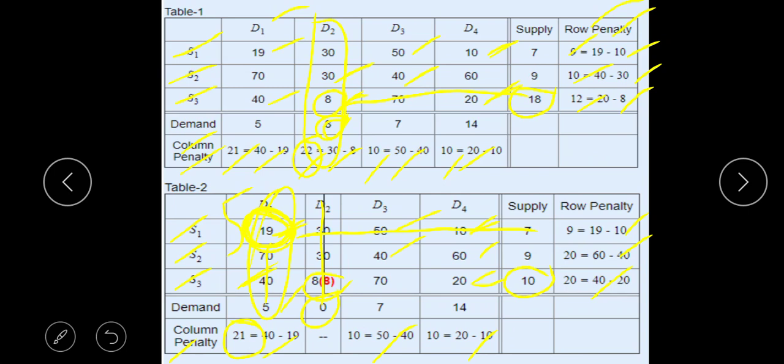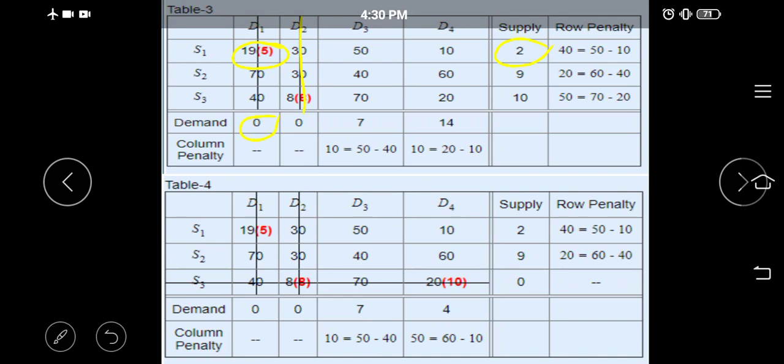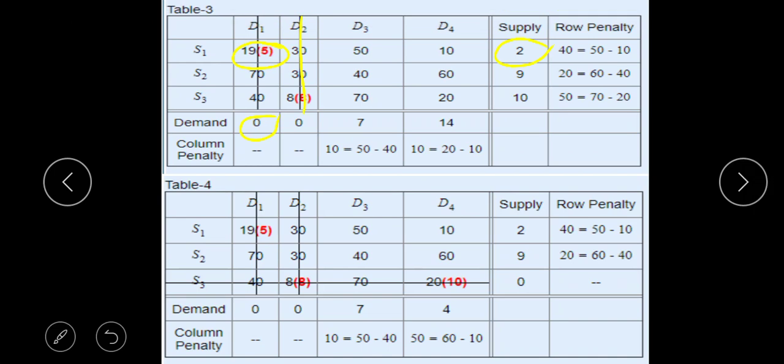I can allocate 5 units. So here demand will become 0 and supply will become 2. See here, demand has become 0, supply has become 2 because we have allocated 5 units here. This column already we got earlier, and now as demand has become 0, we cannot allocate more, so even this column is crossed off. Now again continue the procedure.